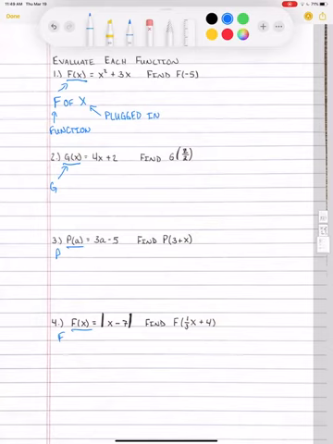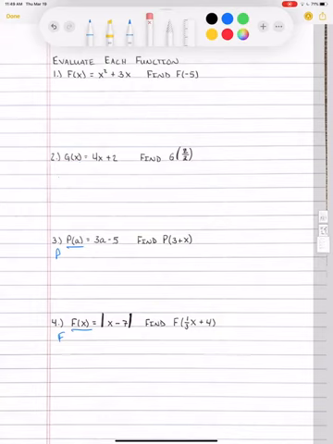Okay. So we're going to go ahead and look at our examples here. Again, it's asking us to evaluate each function. Evaluate means to plug in. So I have example 1.